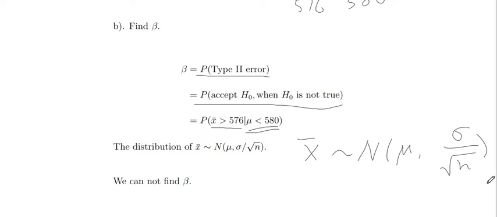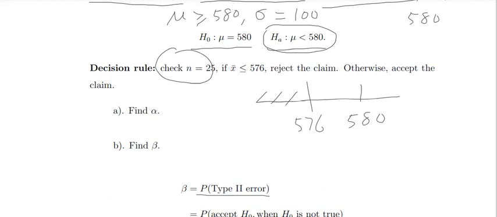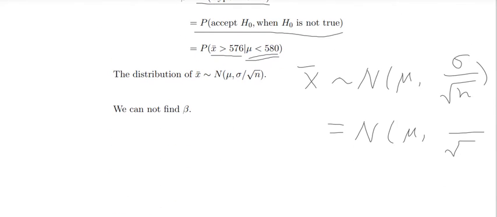This mu we don't know. We know sigma and n. n is how many people you will check, 25, and sigma is 100. But we don't know mu.